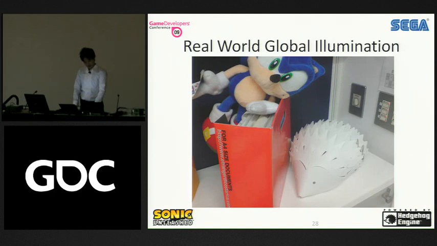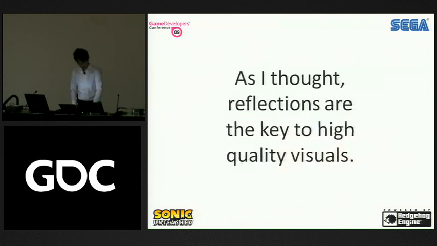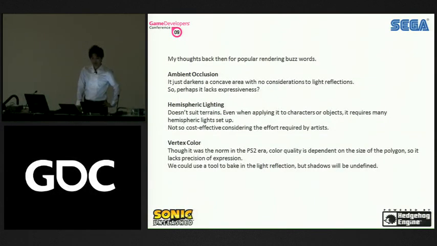And this is another example. The light from the red box hits the side of the white mouse. And in between, there is a darker place. As I thought, reflections are the key to high-quality visuals.